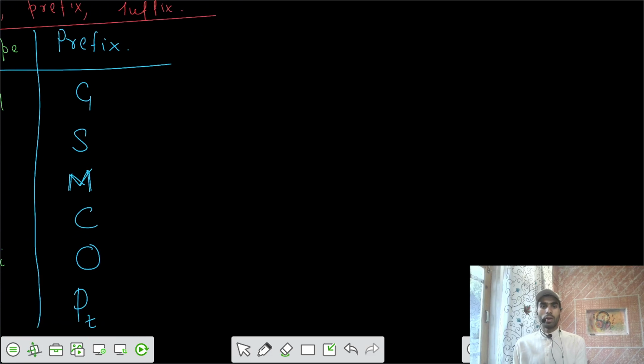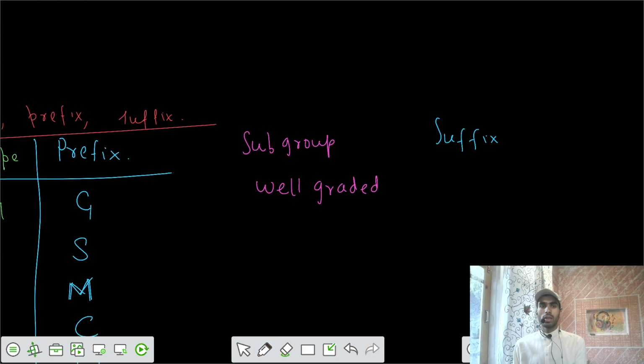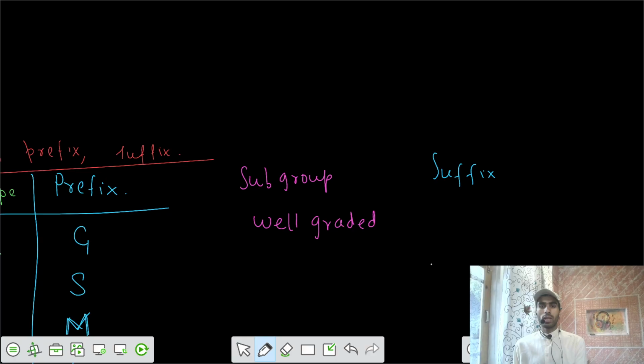And now if we talk about the subgroup, that's actually talking about the gradation. We are saying well-graded soil. For that we are going to use suffix. That means we are going to write a particular soil by two different alphabets.